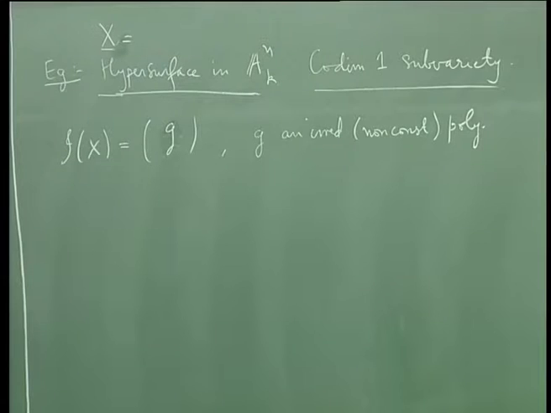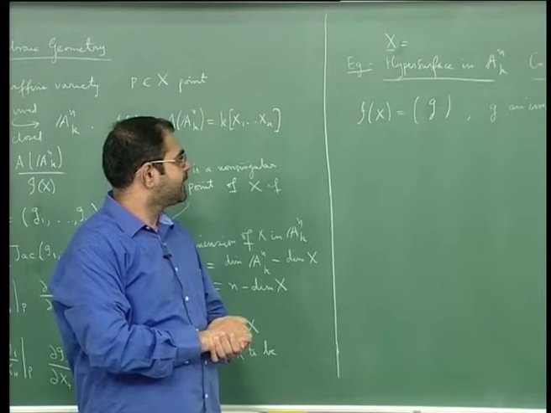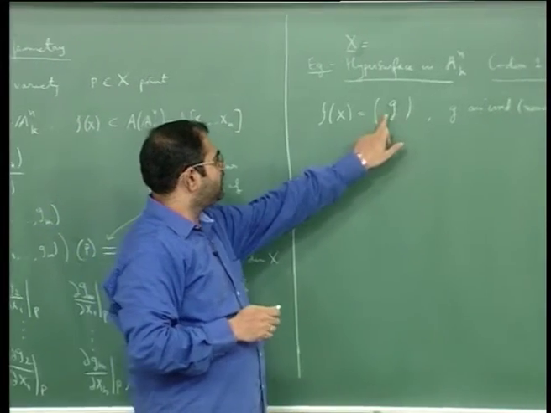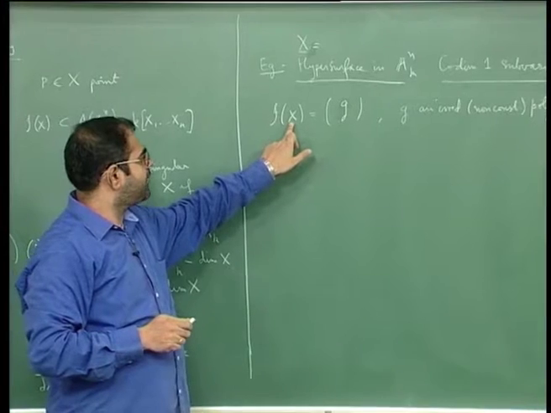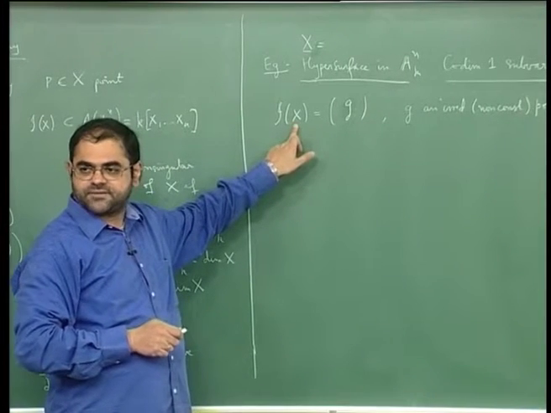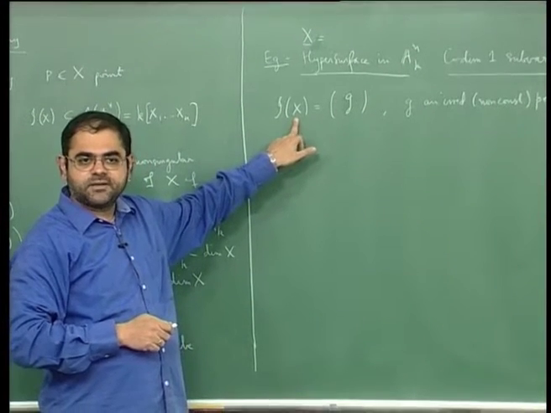So we have seen this, and now if you take a point P on this hypersurface, when is the point P smooth?